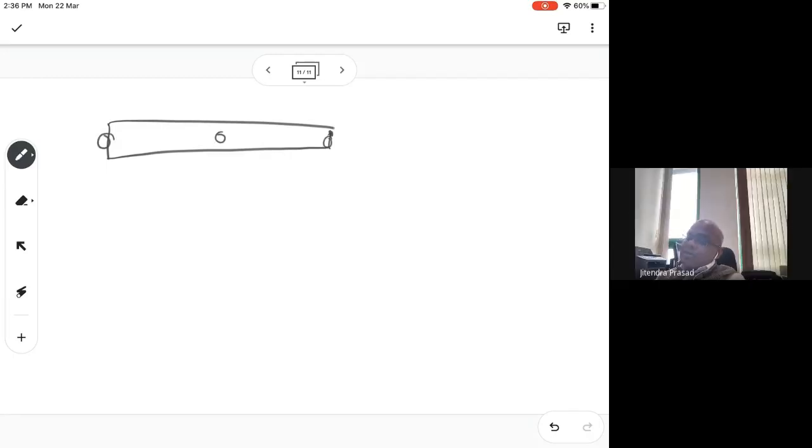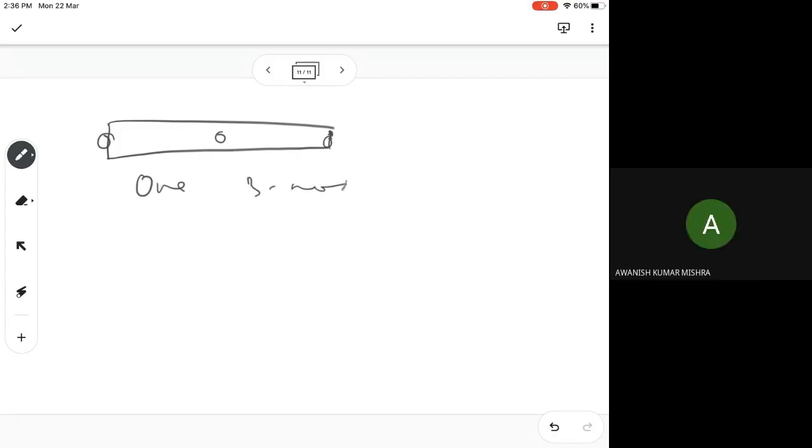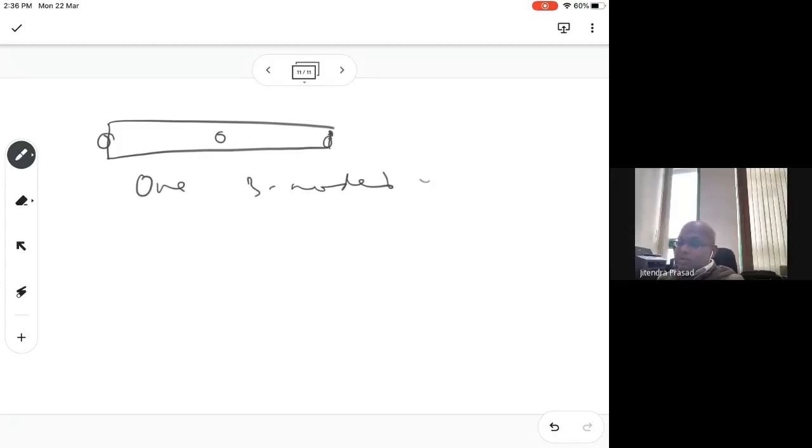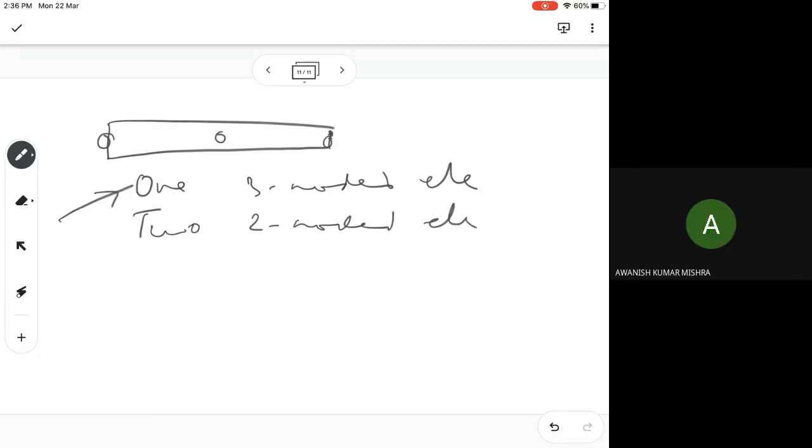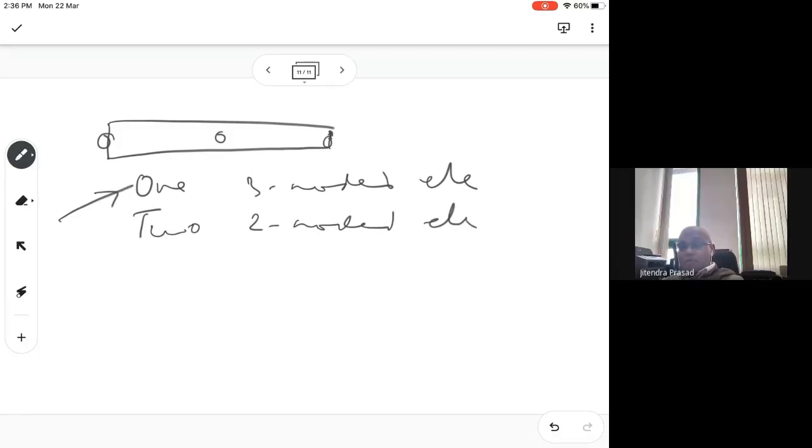No, not 3 nodes, but what kind of element are you taking? Either you can have one single 3-noded element, or you can have two-noded elements. So you are talking about this one. Yes, sir. How to solve it?